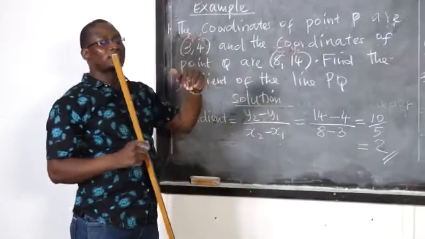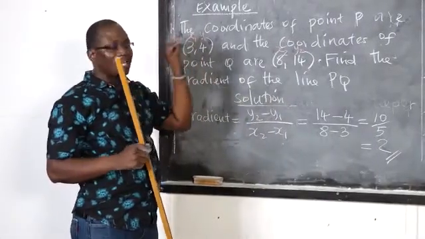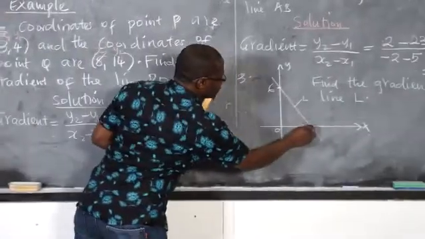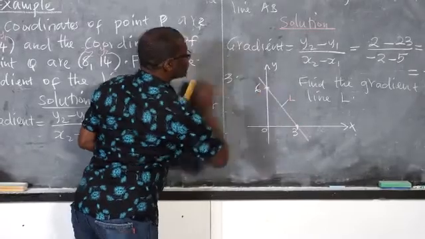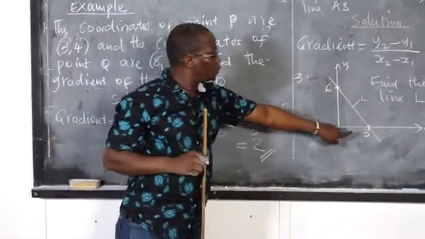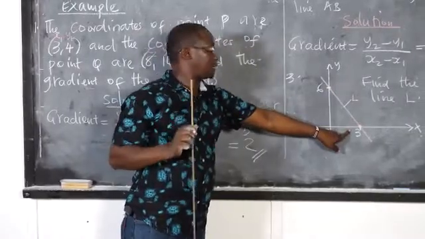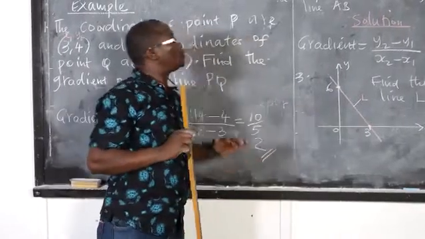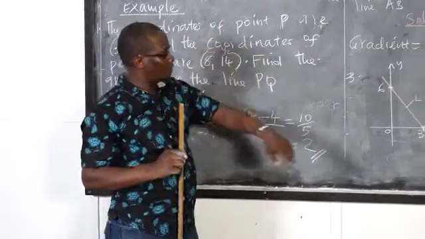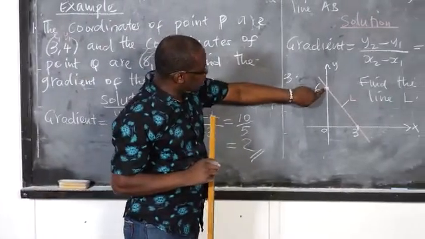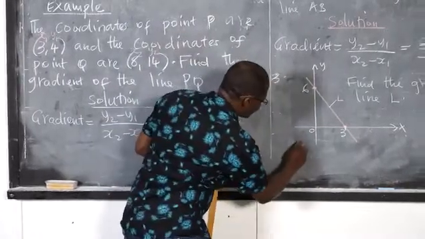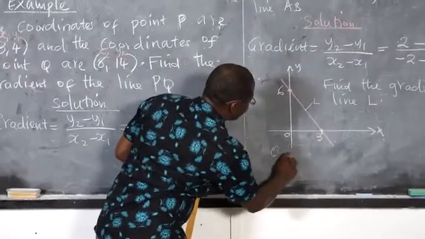So this now brings us back to how to read the coordinates. So we have these 2 points, we have this point, and we have this point. So you need to read the coordinates of this point correctly, and also this, for you to be able to get your answer correct. So just like we said before, reading the coordinate, we start with the x, then y. So starting with this point, x is 0 and y is 6. So here the coordinate is 0, 6.